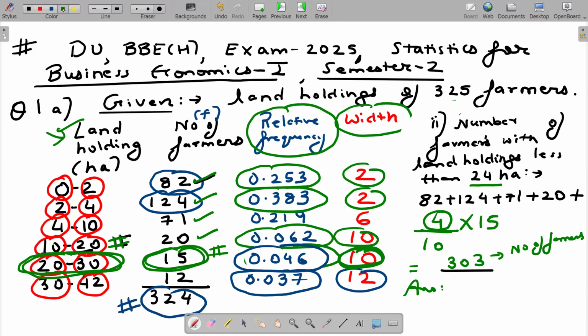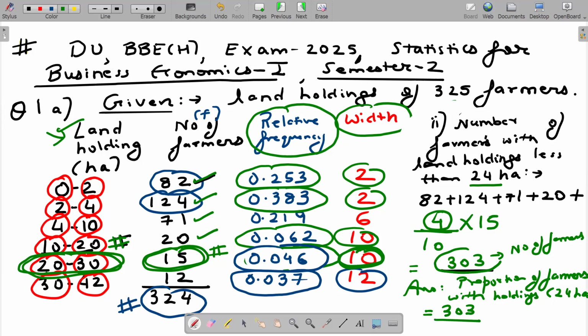The proportion of farmers with holdings less than 24 hectares is the number of farmers with holdings less than 24 hectares over the total number of farmers, which is 324, which comes out as 0.935 or 93.5%. I can multiply by 100 to convert to percentage.